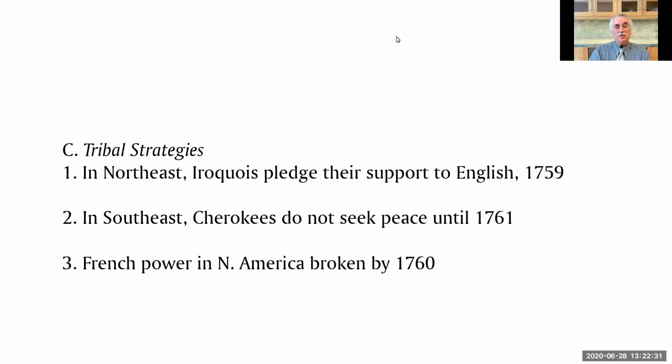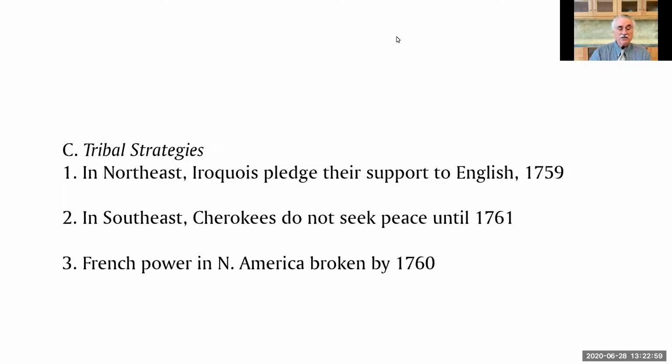And then, as we will see, English forces destroyed Quebec and other important French cities, making it pretty clear who was going to win. In the southeast, where the other entrance to the Ohio River Valley is near the Cumberland Gap, the Cherokee pledged their support to the English side, but they did not pledge until 1761.